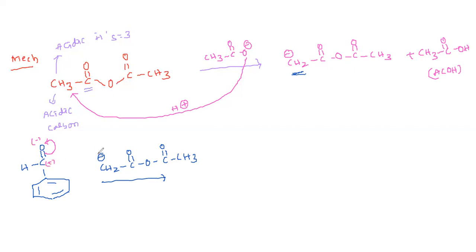Carbonyl compounds always undergo nucleophilic addition reactions, with the nucleophile attacking the carbon. So we get CH minus, then CH2, then C=O, then O, then C=O, CH3.